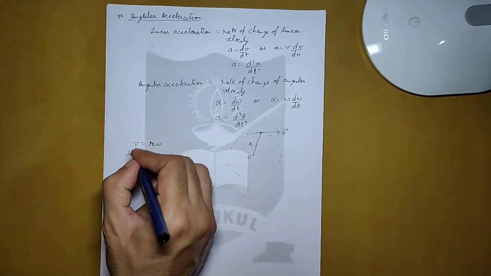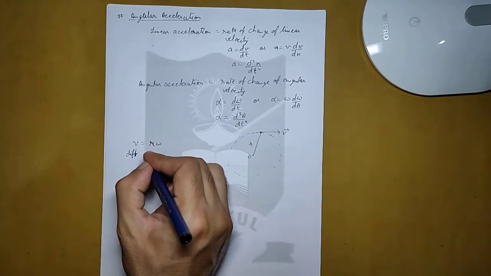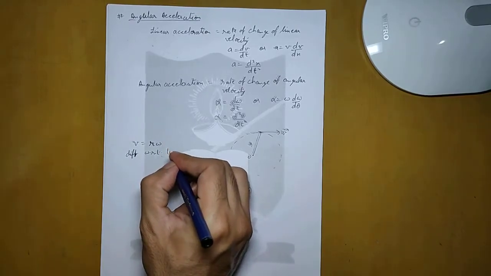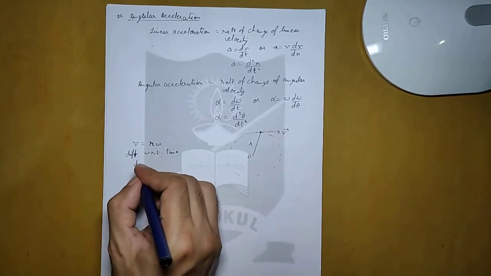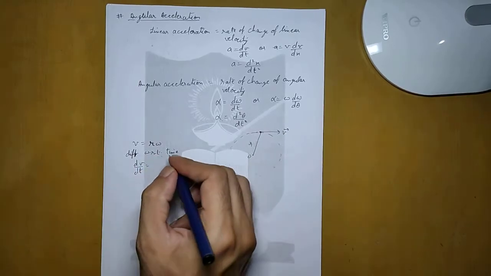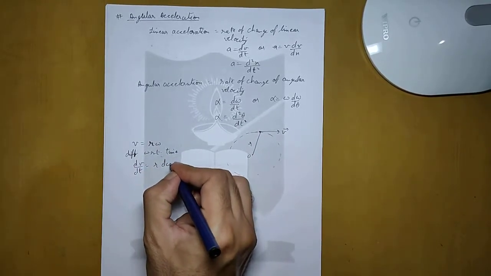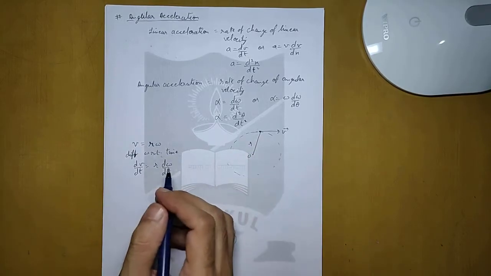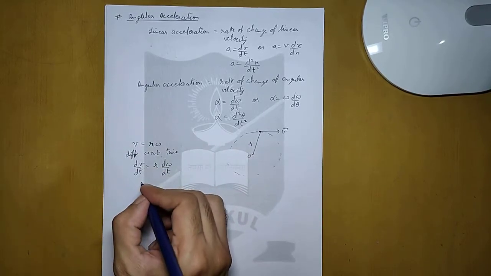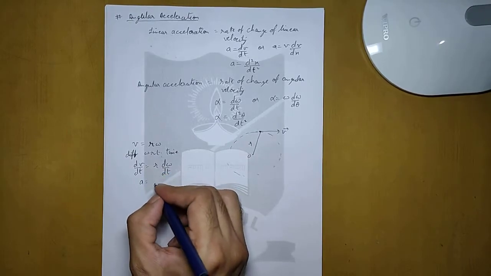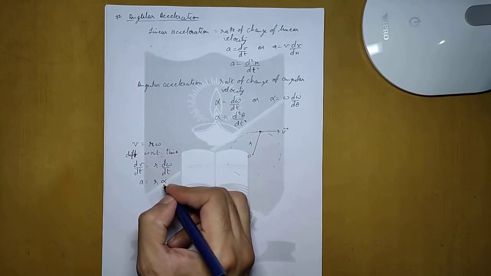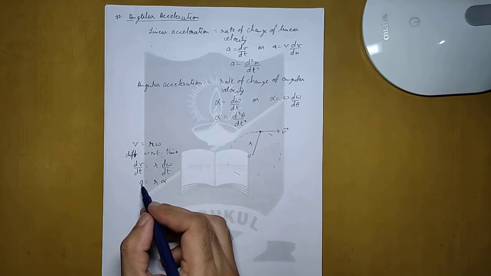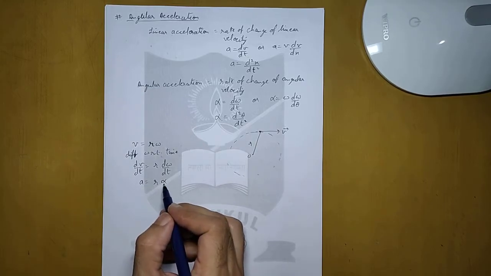If we differentiate it with respect to time, we get dv by dt equals r d omega by dt. R will not be differentiated because it is constant for the entire motion. So dv by dt is the linear acceleration, and d omega by dt is the angular acceleration. So this is another relation between linear acceleration and angular acceleration.